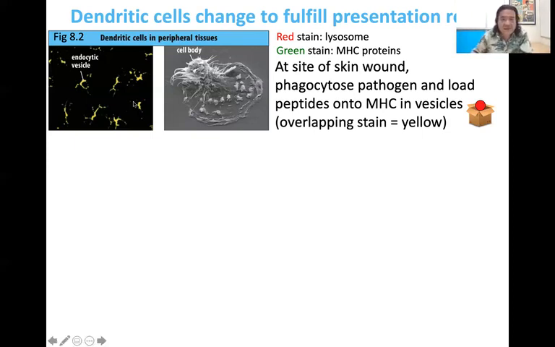So in this figure here, under the microscope, we are looking at a number of dendritic cells, and they've used a couple of fluorescent antibodies to stain or indicate the presence of particular features and proteins. So the red stain would stain different components of the lysosome, right?